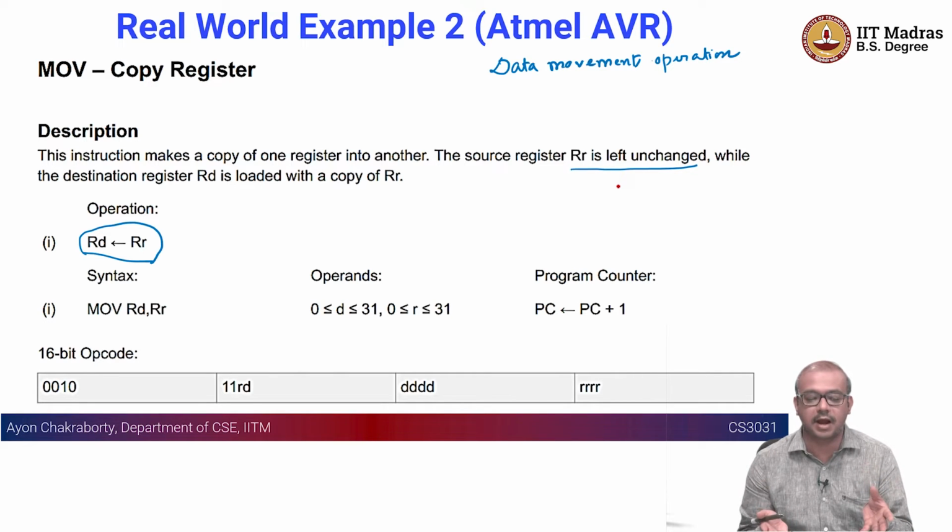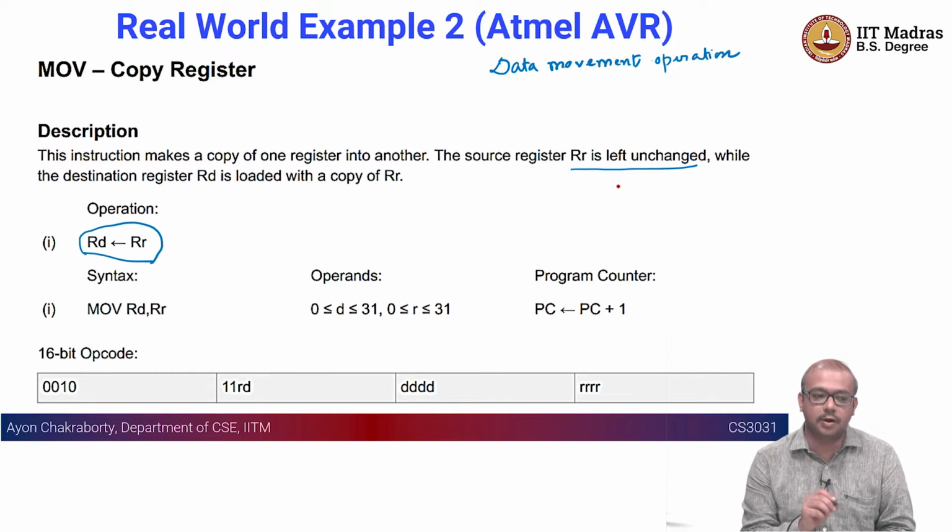And that is why you have to write this contract. This is a piece of contract that is given by the AVR architecture to the software programmers. Okay, because if it is not unchanged, you might lose the value, right? And who will take care of that? Your entire logic that you have used for your program might become completely wrong, right?